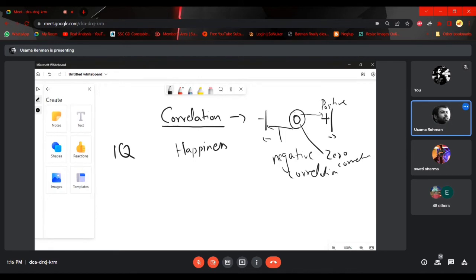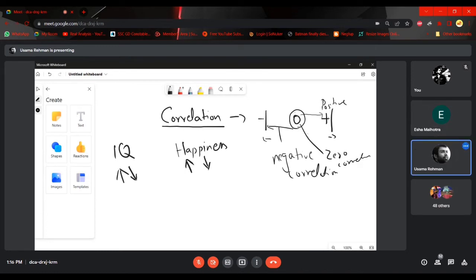ठीक है? When we say positive correlation, we say that when one variable increases, another one increases. When one variable goes down, another one goes down. So they move in the same direction. Directly proportional, right? What we do not say here is that if IQ increases, happiness increases.